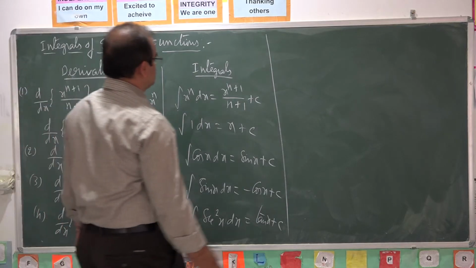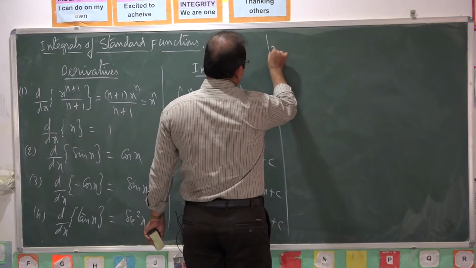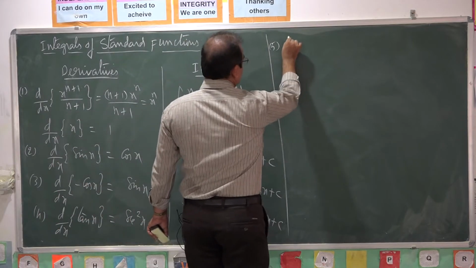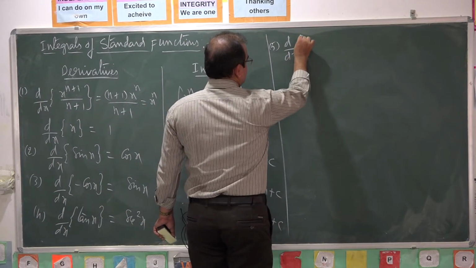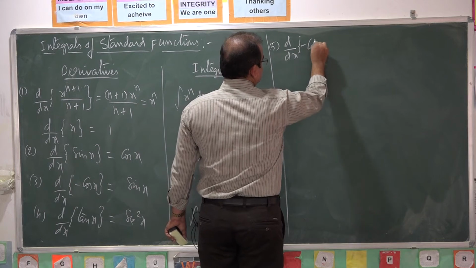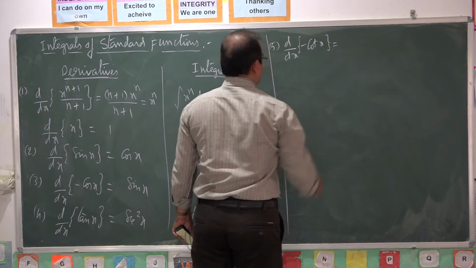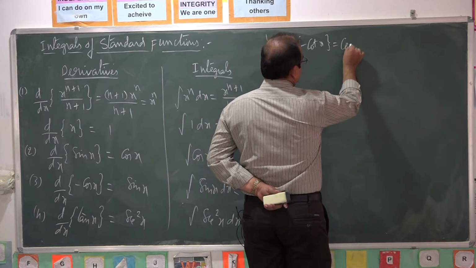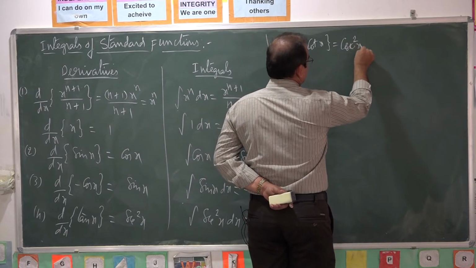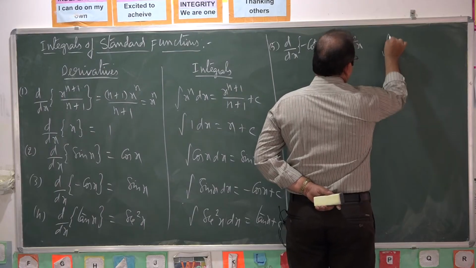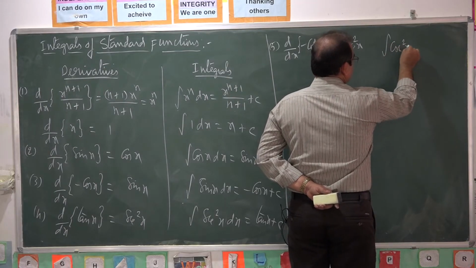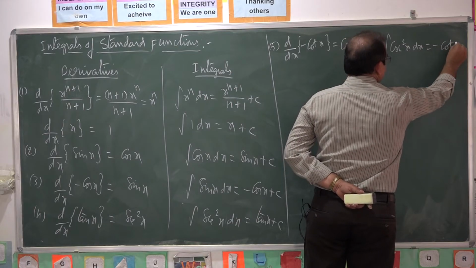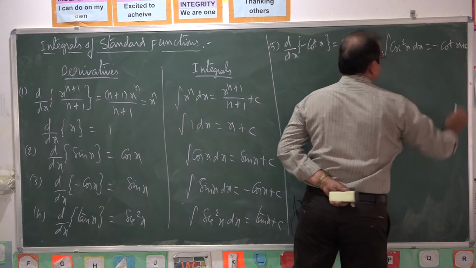Next, d by dx of minus cot x is cosecant square x. So integral of cosecant square x dx, that is minus cot x plus c.